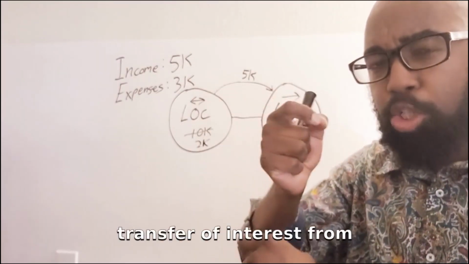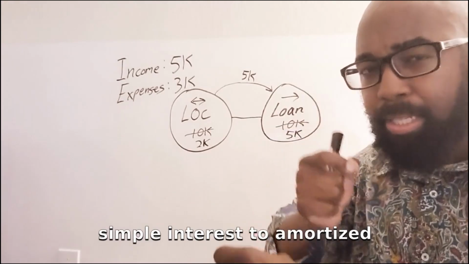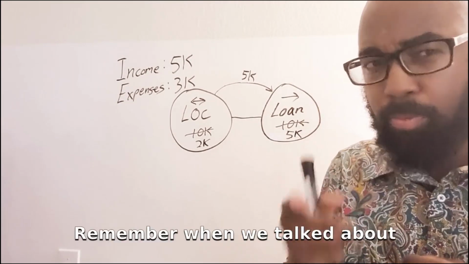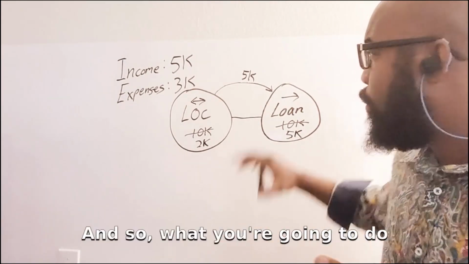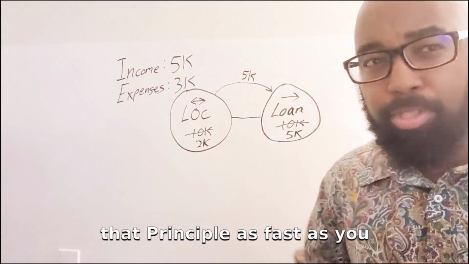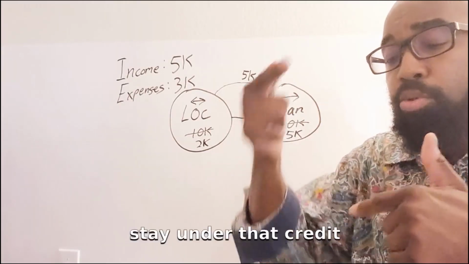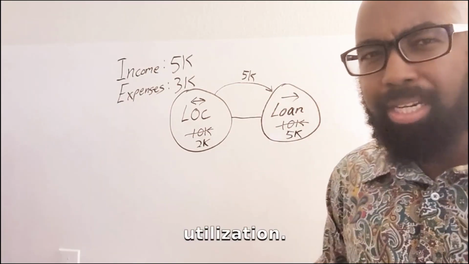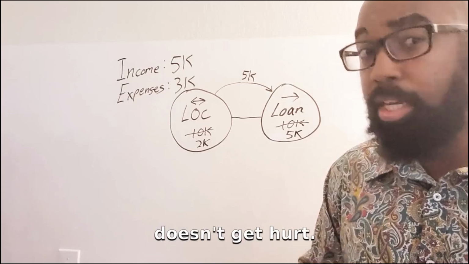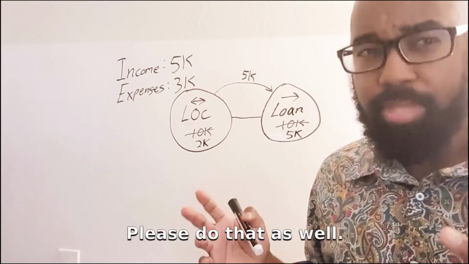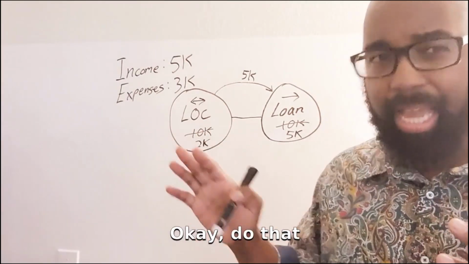You're going to do a transfer of interest from simple interest to amortized interest. Remember when we talked about that? And so what you're going to do is you're going to take out that principal as fast as you can. If you're endeavoring to stay under that credit utilization so that your credit score doesn't get hurt, please do that as well, okay? Do that.